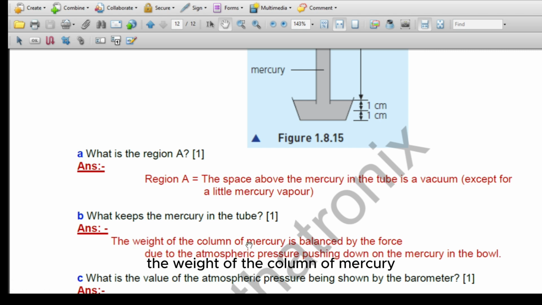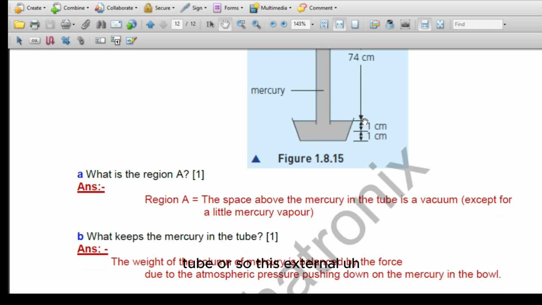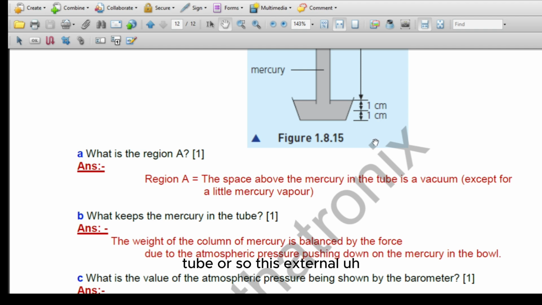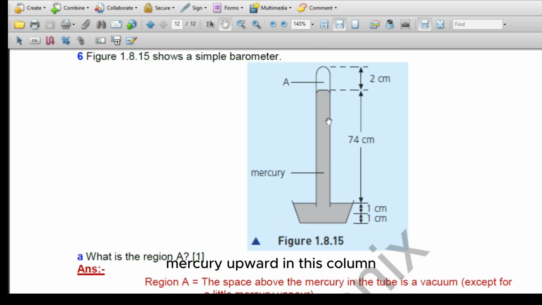The weight of the column of mercury is balanced by the force due to atmospheric pressure pushing on the mercury in the bowl. So the pressure is exerted here and it pushes the mercury up inside the tube. This external atmospheric pressure is pushing the mercury upward in this column.